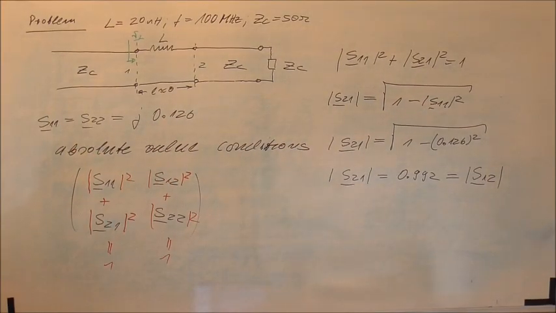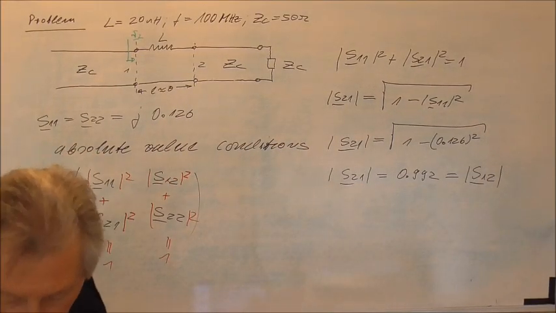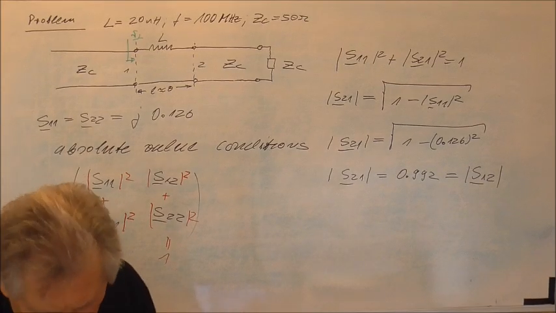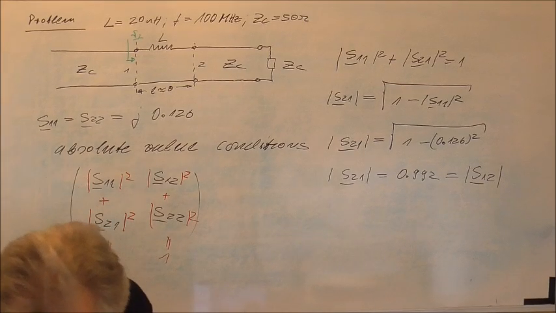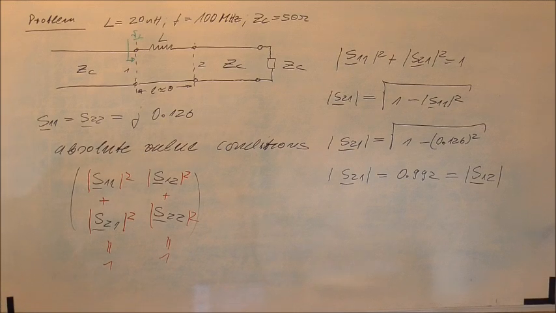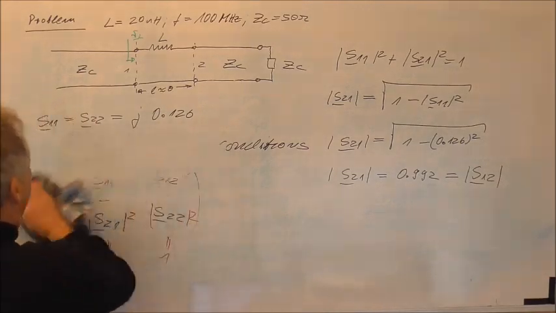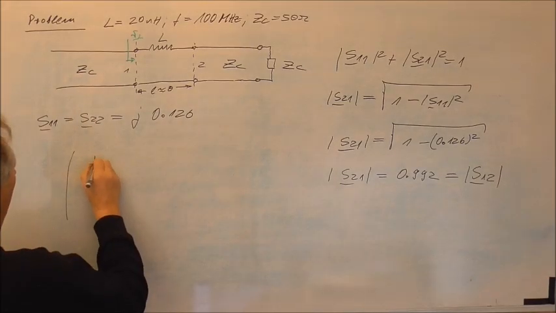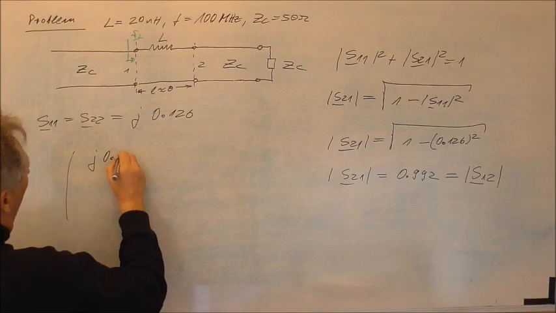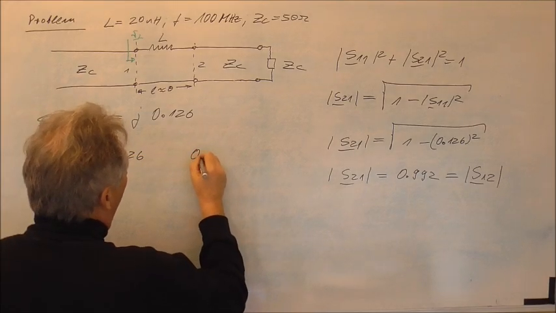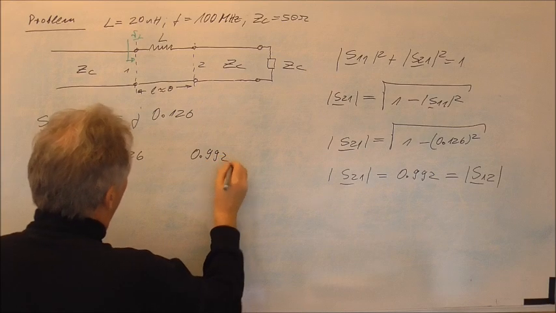So now we in principle have the result for our scattering matrix. We could say now our scattering matrix is equal to j 0.126, and here I just write 0.992.